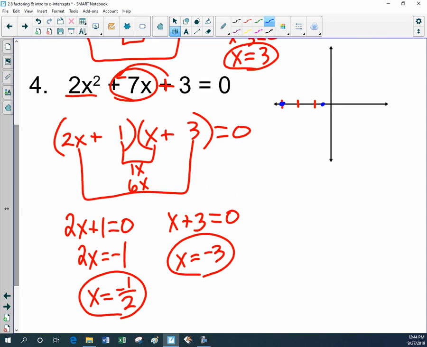It opens up because the first term is positive. So on this one it's a little bit more difficult because it doesn't come out to be an integer. It's going to end up being a fraction here. So just estimate halfway between these two. So I'm going to estimate halfway between to be somewhere right here. And then it opens up. So it would look like that.